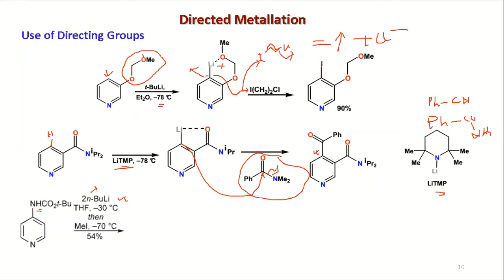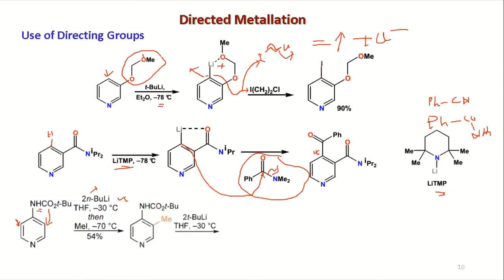So with two equivalents, the first equivalent abstracts the proton here, and then you have the lithiation. Then another molecule is going to interact with this group. The lithium is interacting and the butyl group will come closer to this meta position. So what we expect is the meta position lithiation.